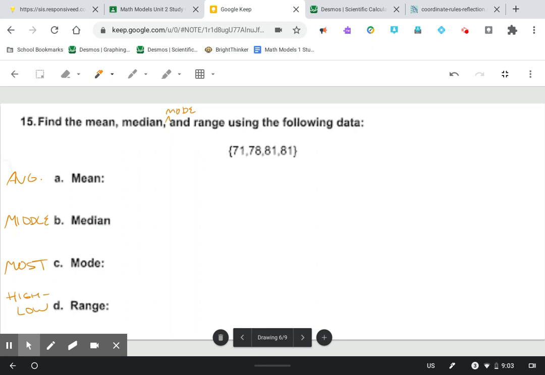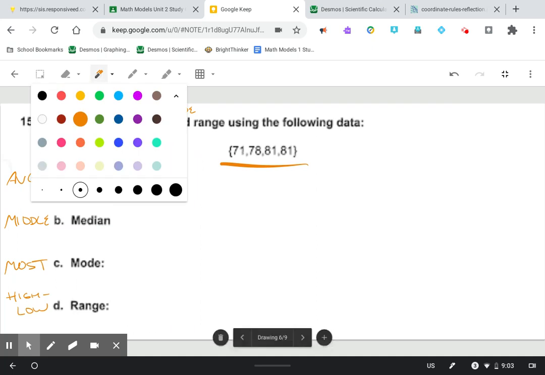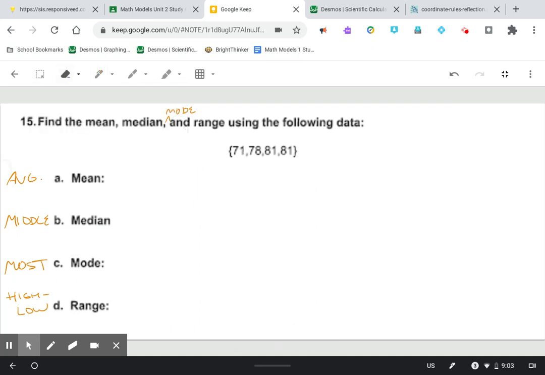Thankfully, these numbers are already in ascending order. If they were not in order, you would need to rearrange them so that they were from lowest to highest. You have to do that before you do median.